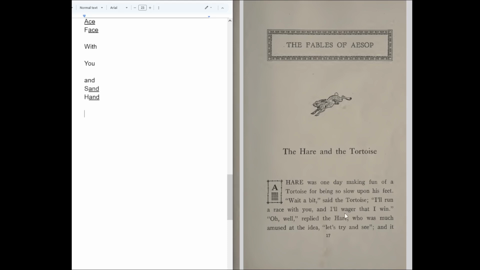And I'll wager. A wager. Okay? GER is not always jur. In the middle of it has what looks like the word age.